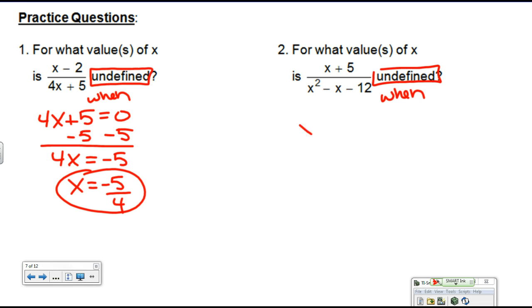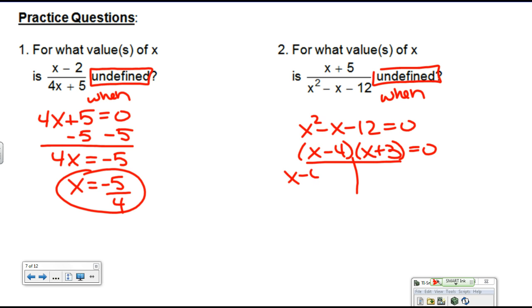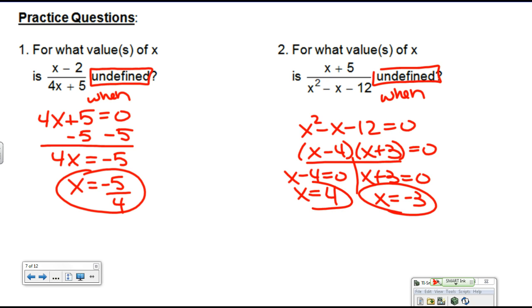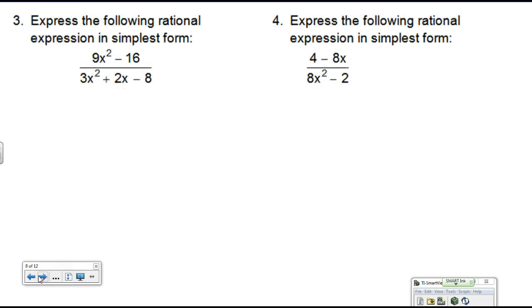So undefined when. So that would have been easier to do on your table. Problem number 2, or 3, excuse me, you have to simplify.